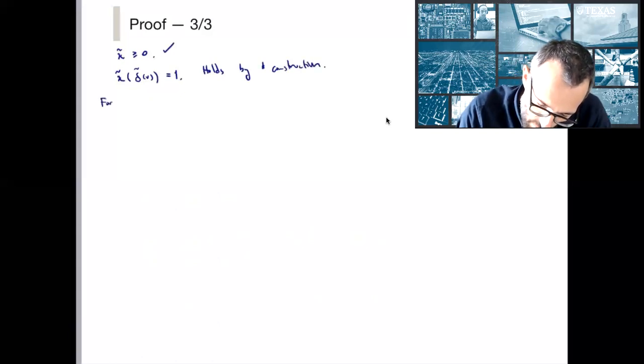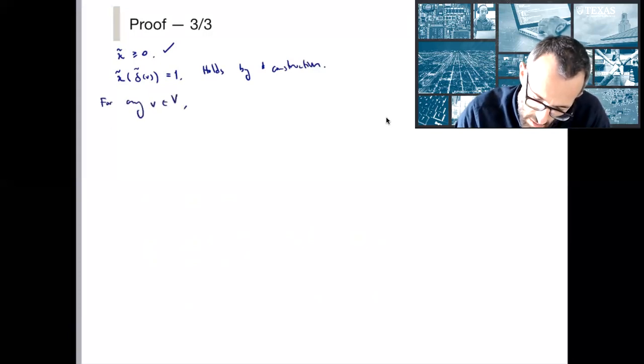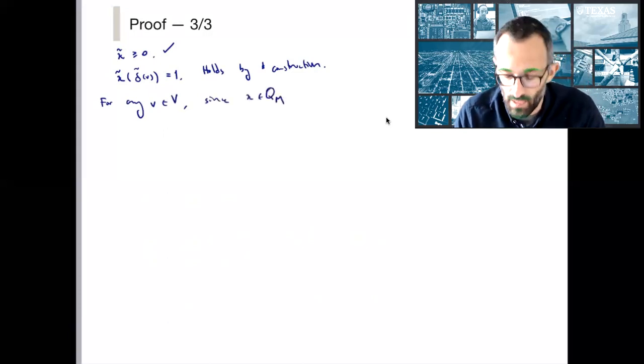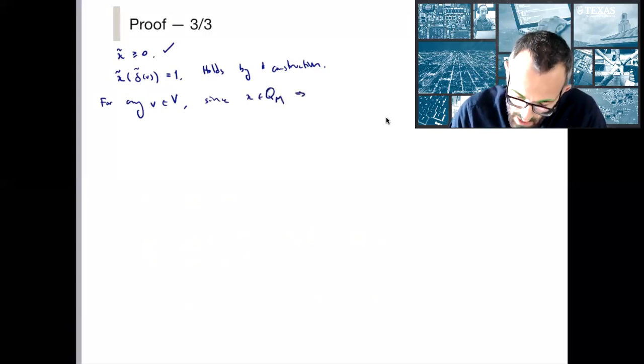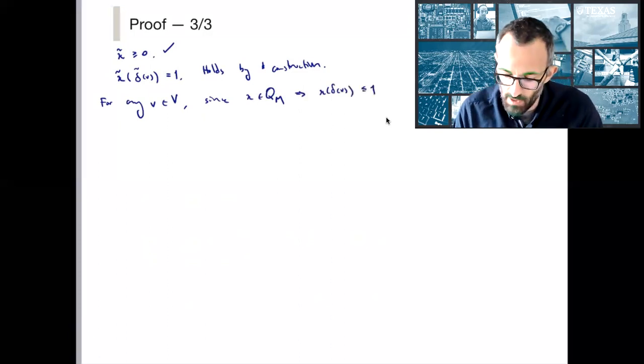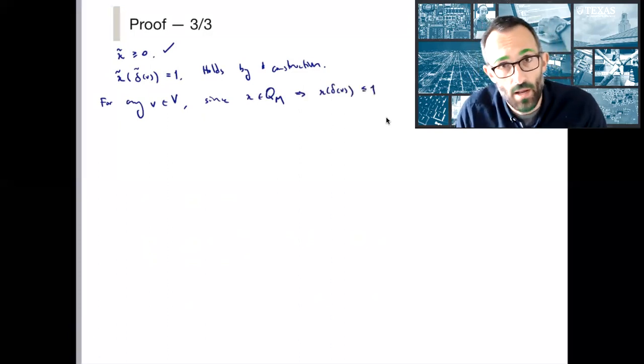Now, for any v in V, since x is in QM, again by assumption, this certainly implies that x of delta of v is less than or equal to 1. Notice that I'm using delta here and not delta tilde.